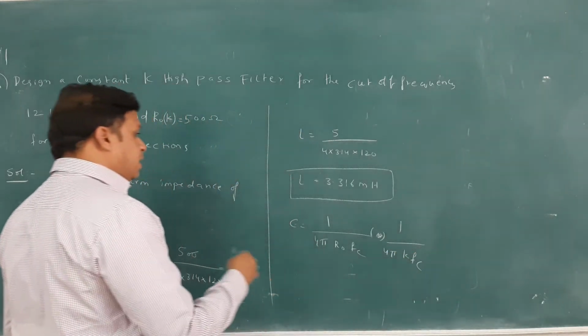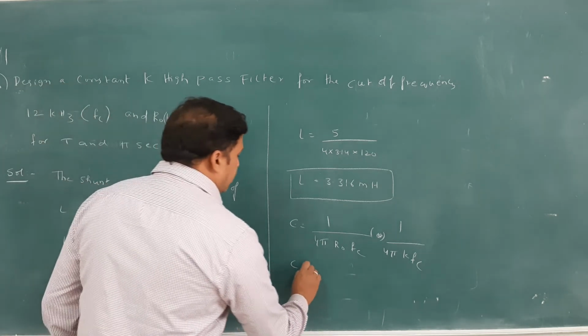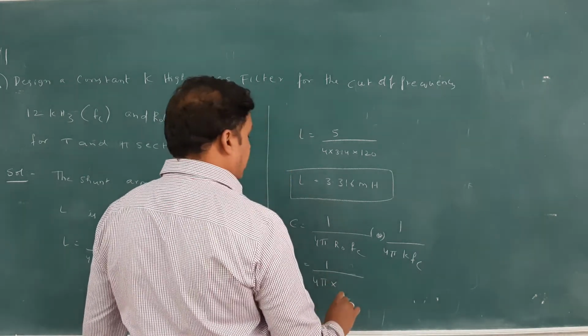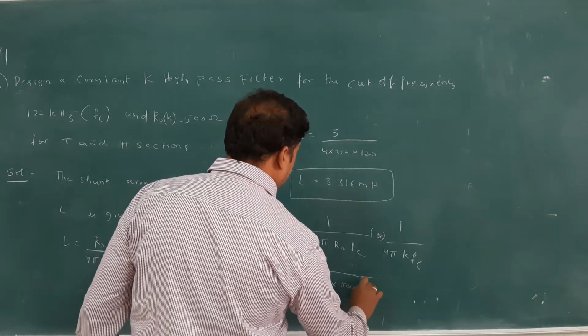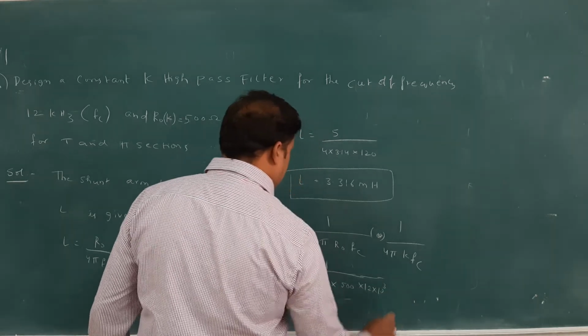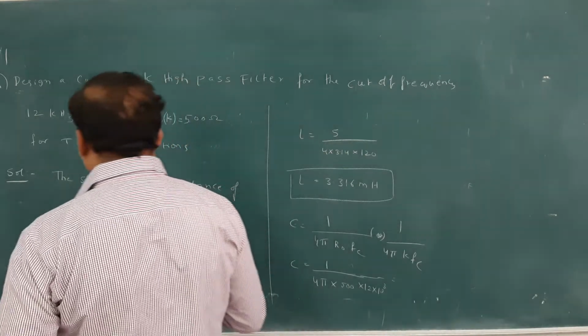So if you write these values and solve it, you can write C is equals to 1 by 4 pi into K into Fc. K is 500 and Fc is 12 kilohertz, 12 into 10 cube. So this one capacitor will be some microfarad, and that we have to calculate now.